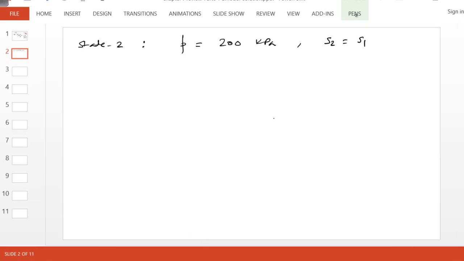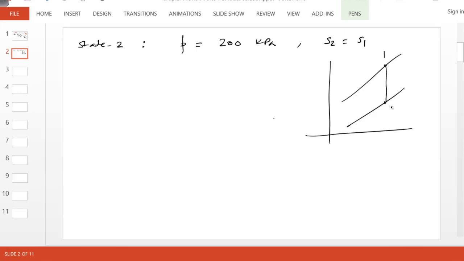We recognize you can write, again, just to remind you, we have state 1 here, state 2 here. So the higher temperature T1 over T2 will be P1 over P2 to the (k minus 1) over k. So that gives us T2 equals T1, which is 873, divided by what is P1?